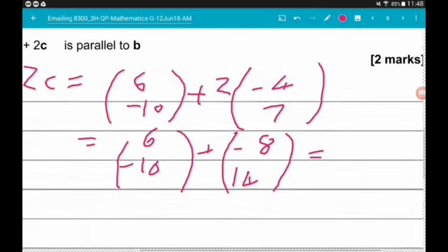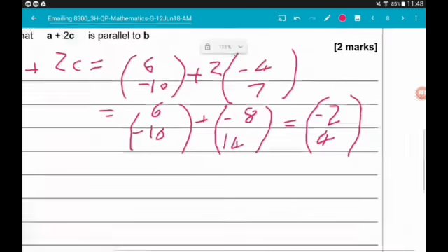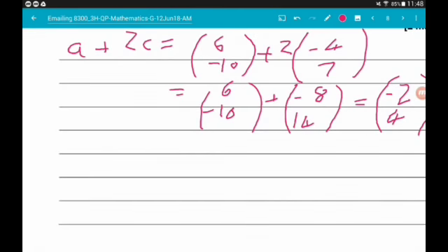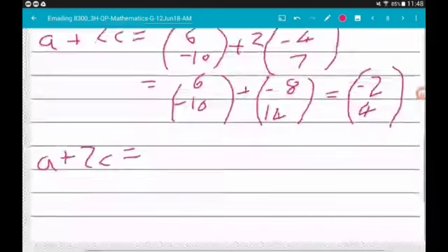Now that is going to give us 6 minus 8 is -2, and -10 add 14 is 4. So we got -2, 4. So A plus 2C is -2, 4.